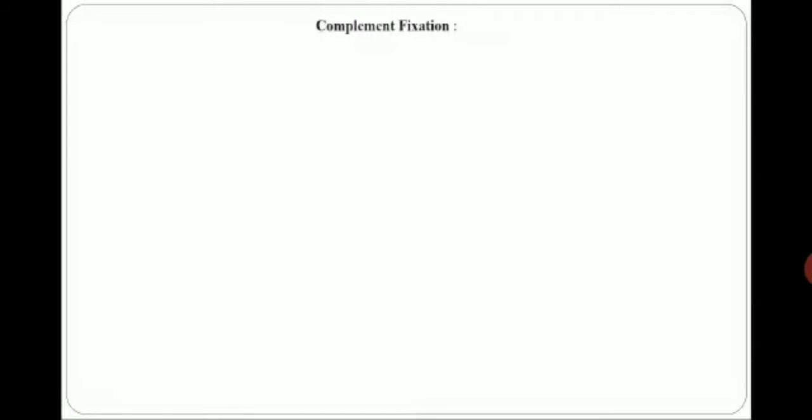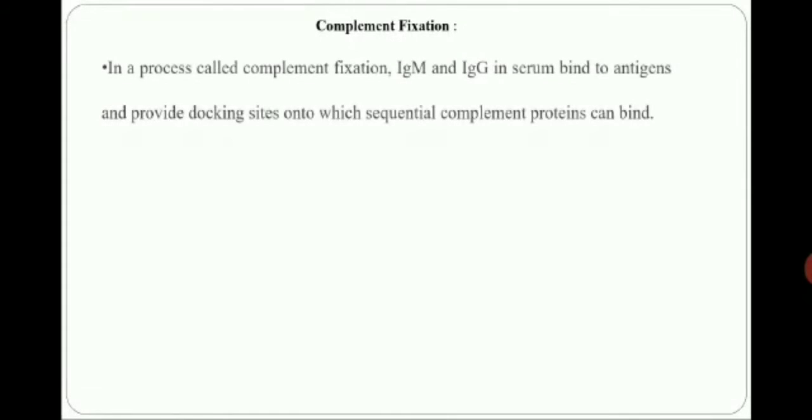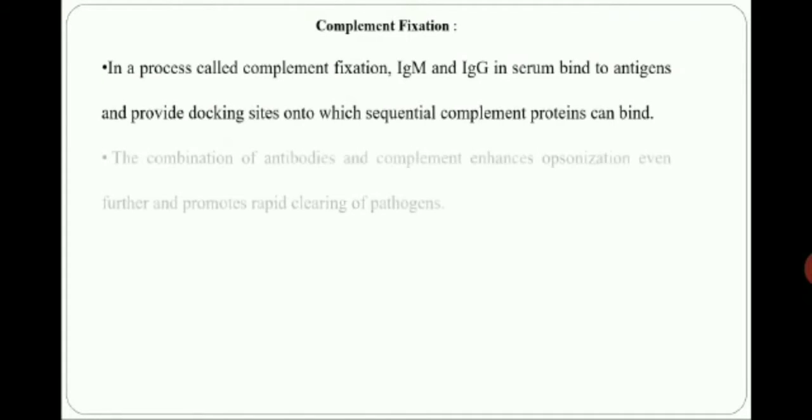The next role of the antibody molecule is in complement fixation. In the process of complement fixation, antibodies like IgM and IgG play an important role. These antibodies are present in the serum and they bind to the antigens. In addition to that, they provide a binding or docking site so that the different proteins of the complement system can also bind.